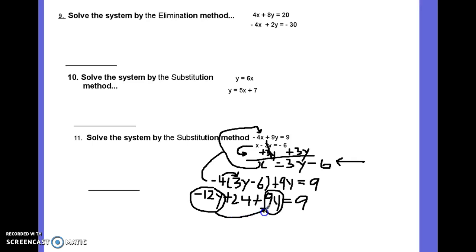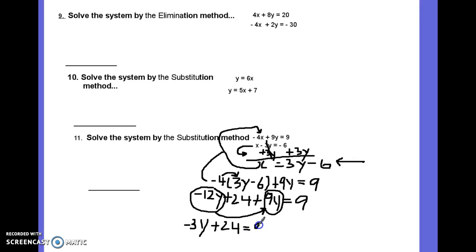All right, so you have a negative 12y, positive 9y. What would that be? It's going to give me a negative 3y plus 24 that's going to equal 9.